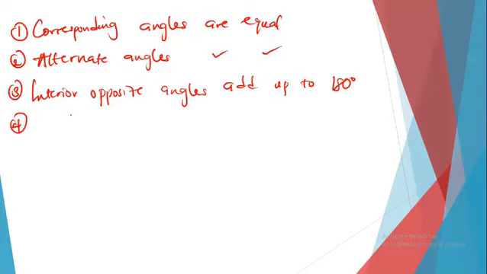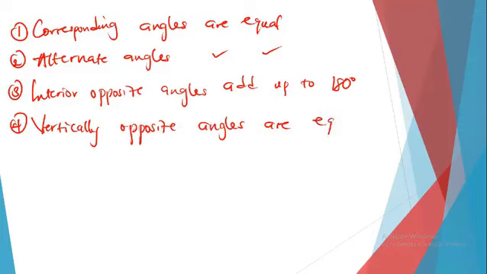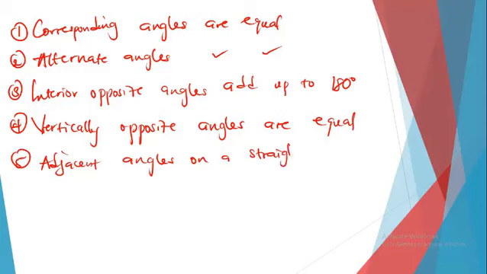Number 4, vertically opposite angles are equal. Then the 5th one, adjacent angles on a straight line add up to 180. So these are what we've succeeded in doing today.